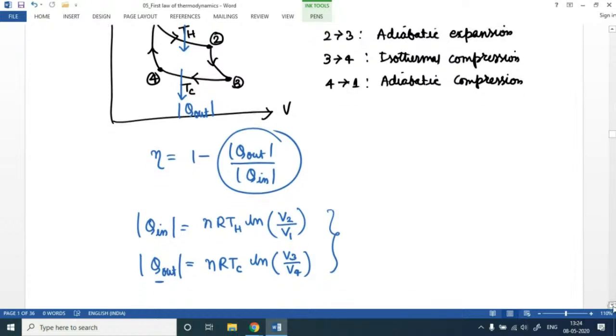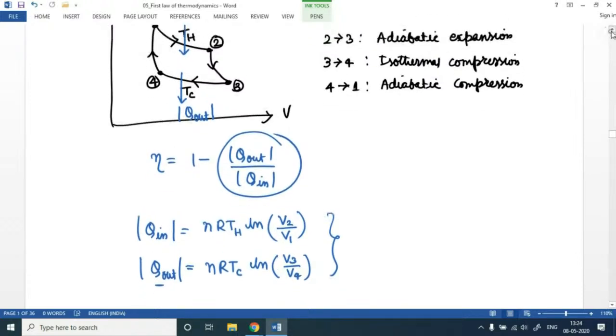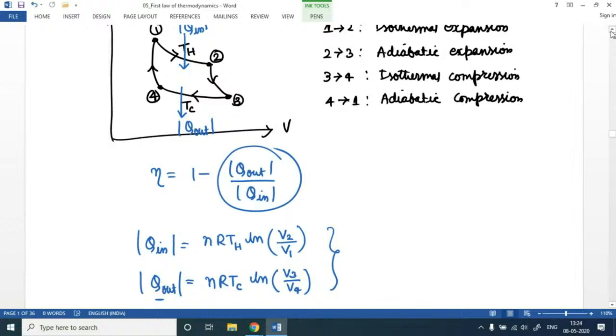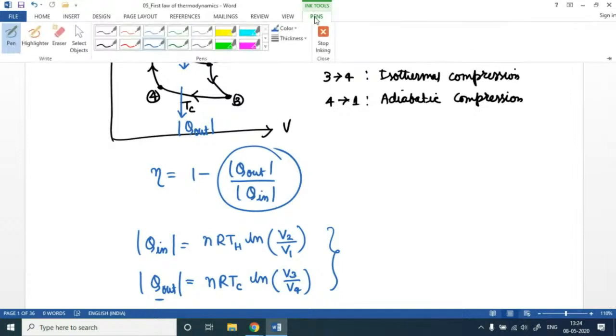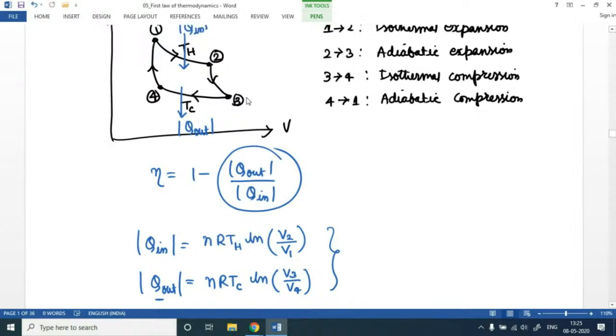Also you should notice in this diagram, for adiabatic process, since 2 to 3 the process is adiabatic and 4 to 1 the process is adiabatic, let's try to relate these two, the 2 to 3 state and 1 to 4 state. So let's realize for adiabatic process, we know that T V to the power gamma minus 1 is equal to constant.